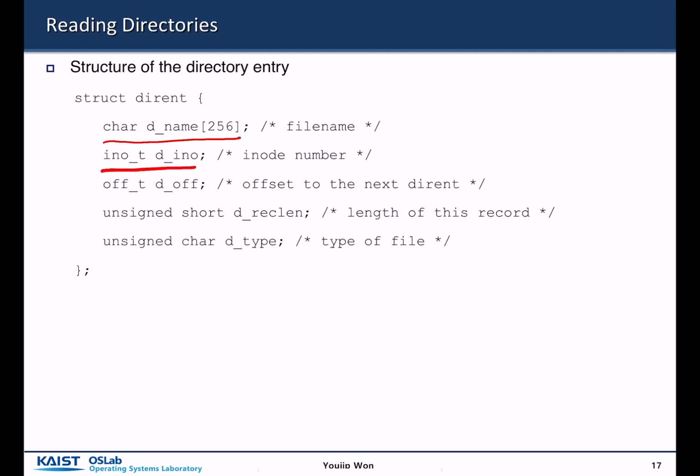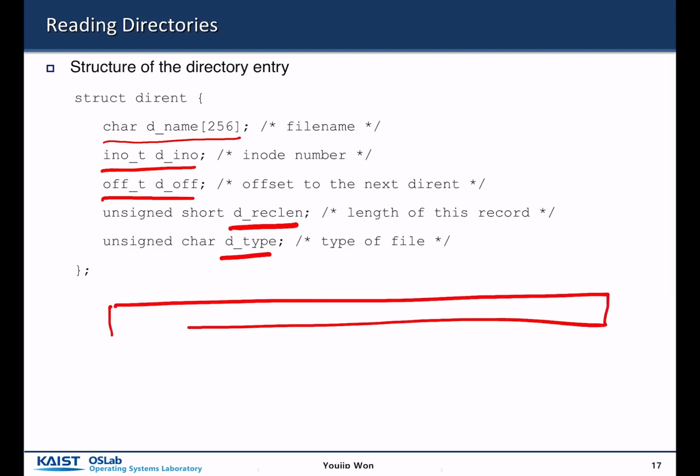It contains the inode number, then the offset to the next directory entry, then the length of the record, and then the file type. Okay, so it contains a big array, and this is 256 bytes. This is the name, and there is a 4-byte inode number. Then this is the offset to the next directory entry, and then the record length and the type of file.